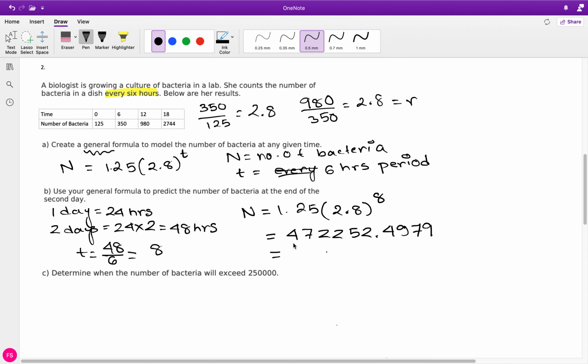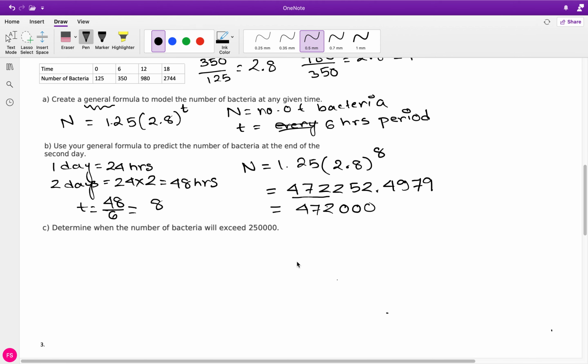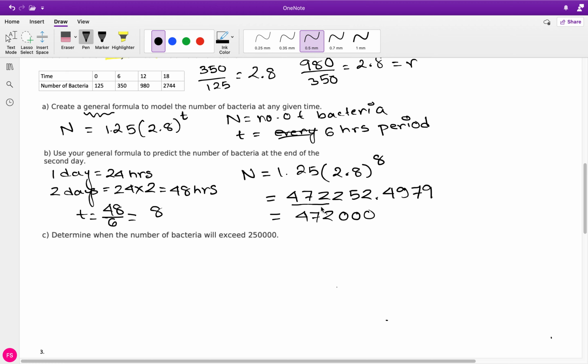I'm just going to take the first 3 numbers, 4, 7, 2, and make the rest of the digits 0. This is how you write a large number in 3 significant figures. Some students, when they change this to 3 significant figures, just don't write zeros for it.